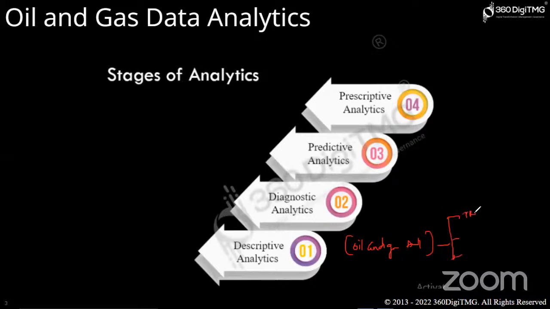What are the different trends and patterns in my data? And I am going to plot these values. We are going to use graphical presentations when dealing with descriptive analytics, and we are going to report this data.